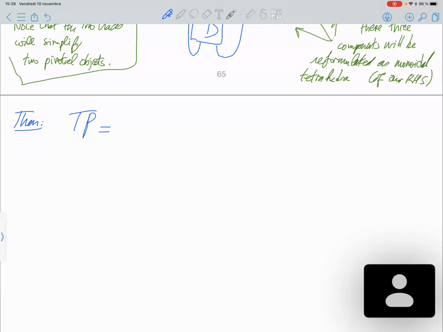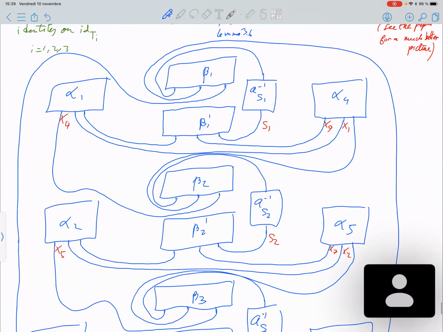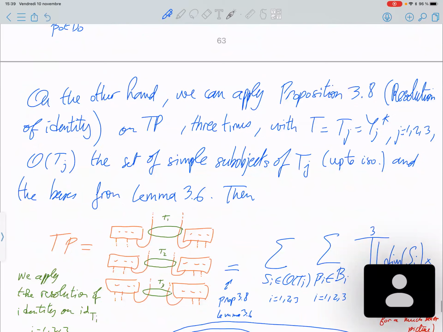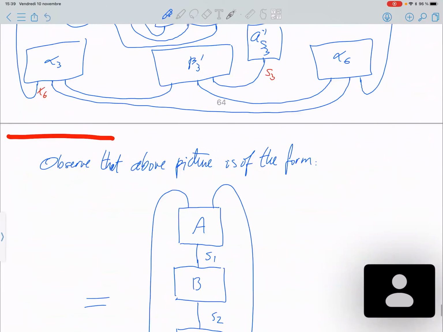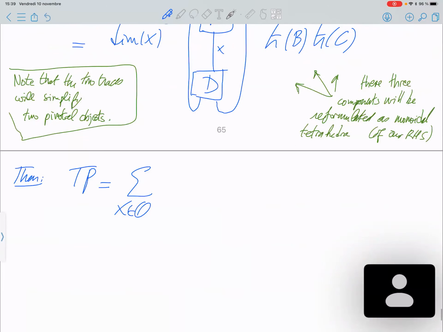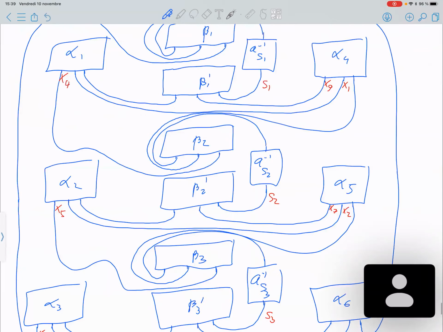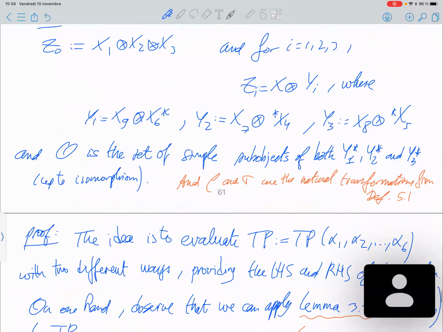Then TP is equal to the sum for X in big O. So remember the definition of big O. Big O is the set of simple subobjects, up to isomorphism, which are simple subobjects of all of Y1 star, Y2 star, Y3 star. Let me go to the definition here.